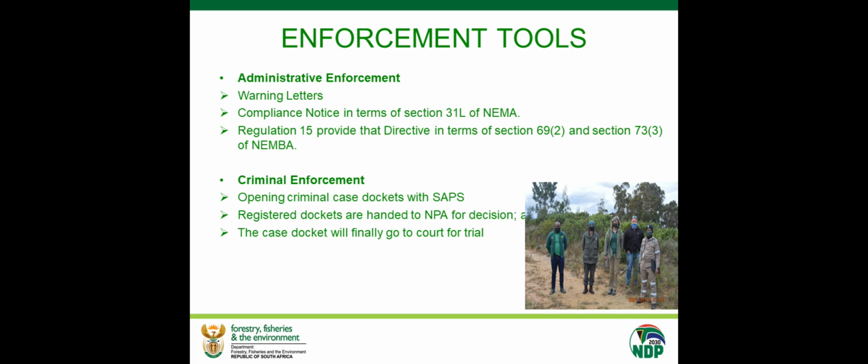The representation will be reviewed by the department, and then we will decide whether to issue the compliance notice or not. But mostly, the landowner decides to comply. If they have category 2 species, they decide to apply for a permit.